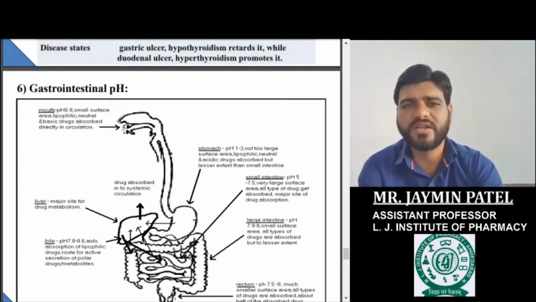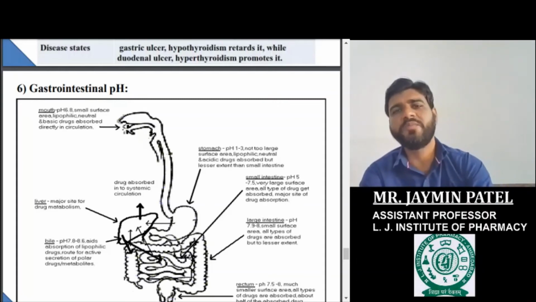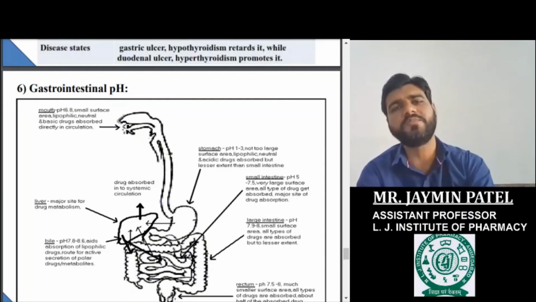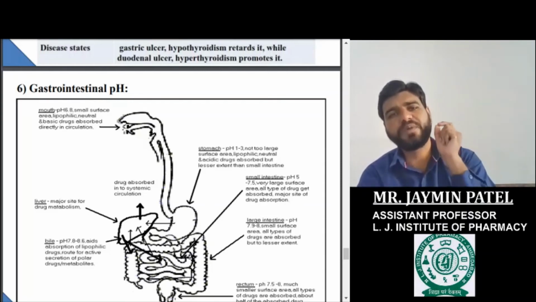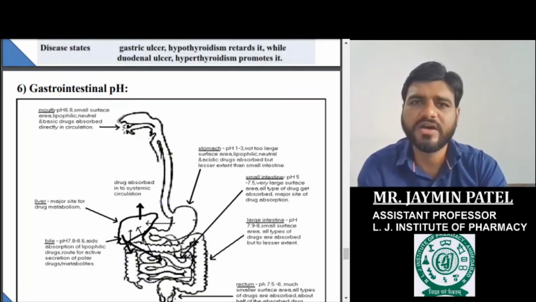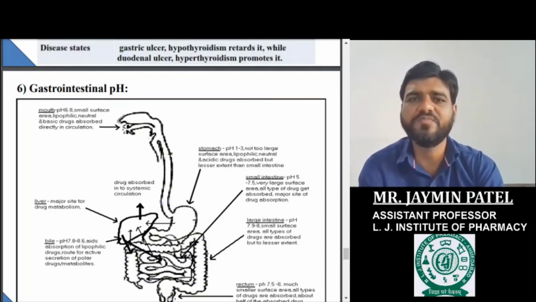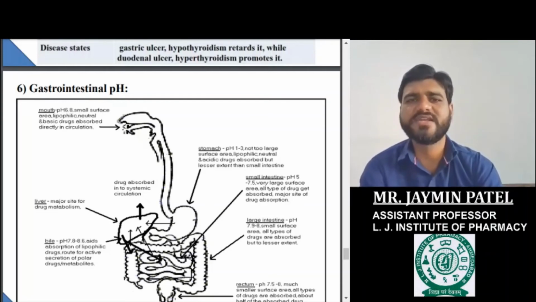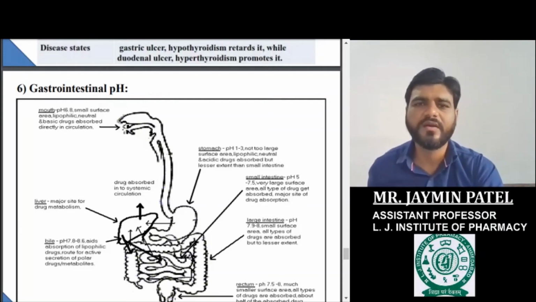Some drugs remain in the unionized form in the upper part of the GI tract, and some remain in the unionized form in the lower part of the GI tract. If the proportion of drug in unionized form is more, then the drug absorption is more. The part where the drug remains in the unionized form at a given pH is considered the absorption window of the drug molecule.